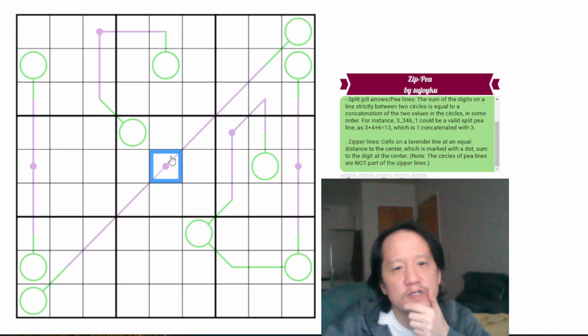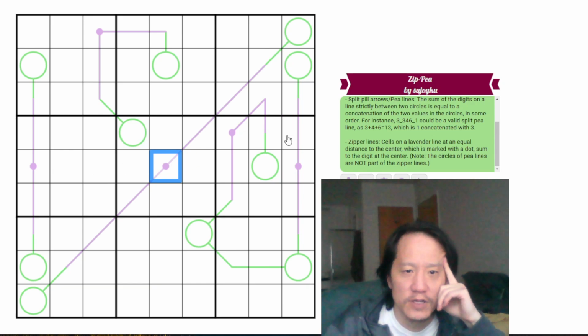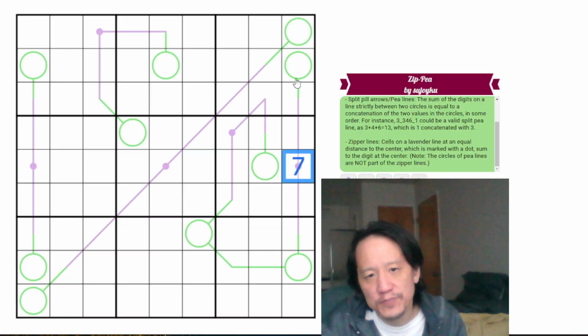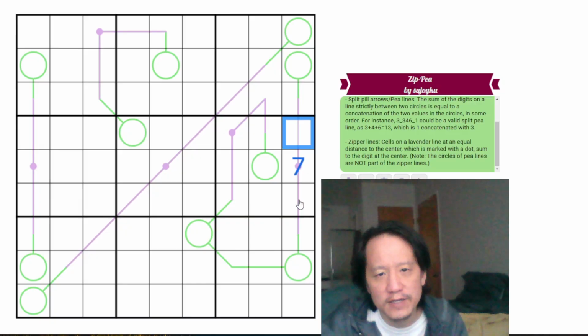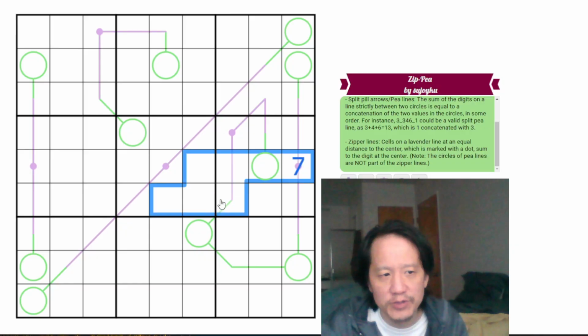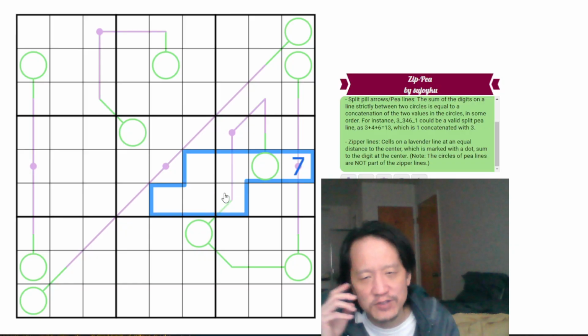So for an example, let's see. Say this number was a 7. Then you would have to have every two digits that are a certain distance away from the center. You can generalize it, so it could actually be a tri zipper line. I've seen those before.